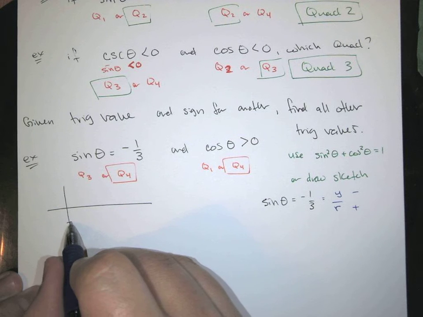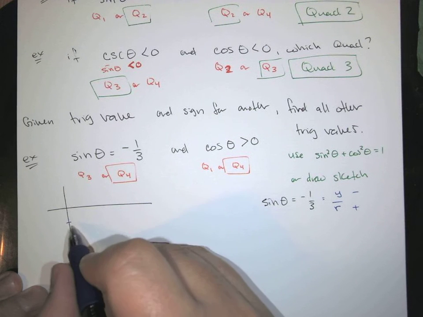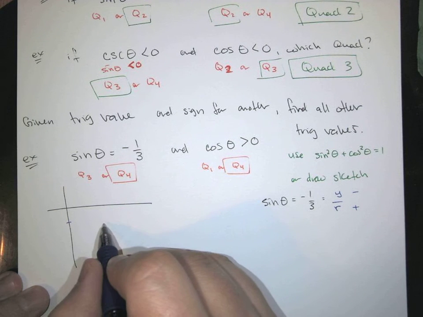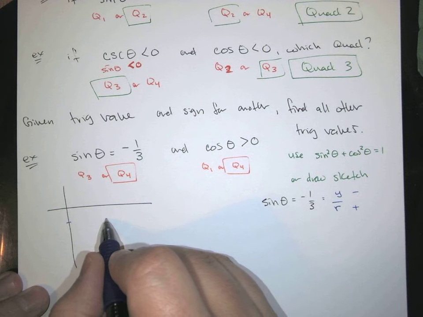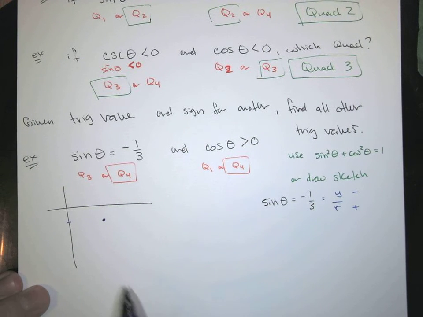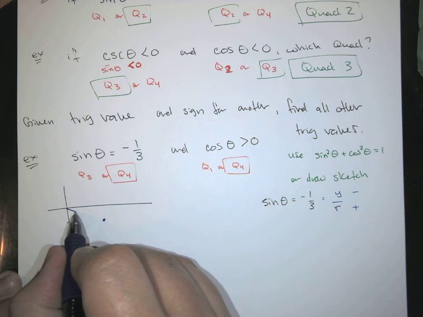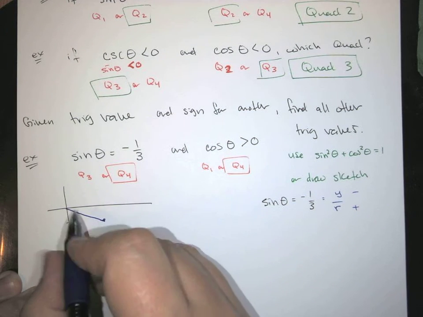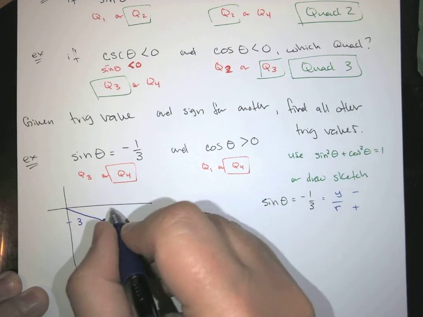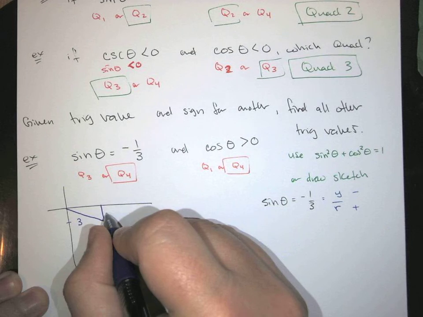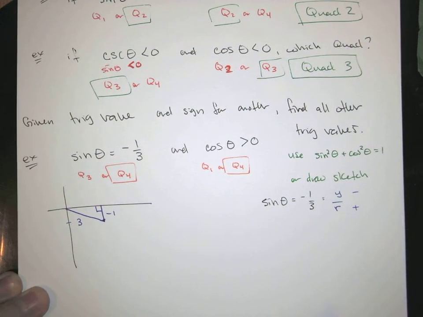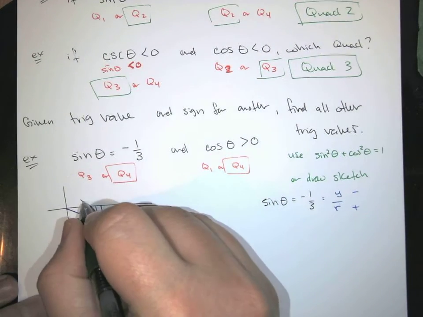If y is -1 and radius is 3, we're kind of ballparked, maybe out to here or something. So this is 3, this is -1, and my missing value is my x.